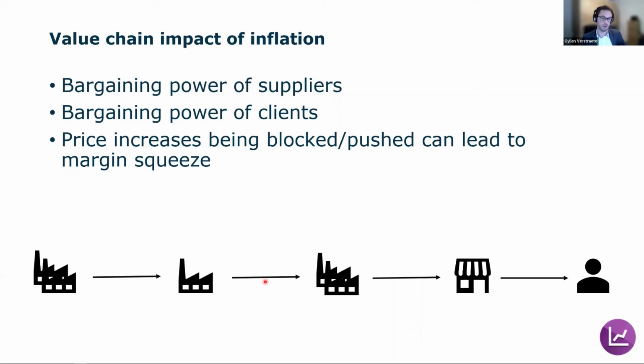If you're a small player, for example, that delivers goods to a big retailer and has to buy raw materials from a very strong industrial conglomeration, then you might be in for a price or margin squeeze, in which your suppliers are pushing their price increases onto you, but your customers are saying, okay, we don't want those higher prices. That might be eating into your margin in the next couple of months.